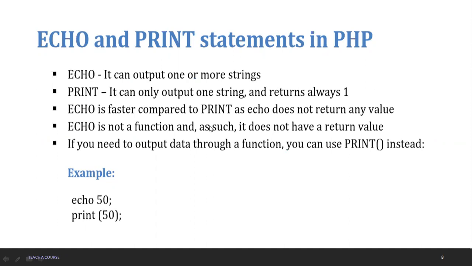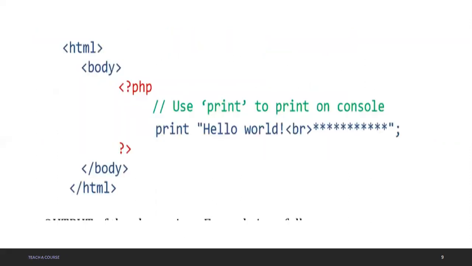Echo is always faster when compared with print, and echo does not return any value. Moreover, echo is not a function. Both are used to print strings. In this way, we can use print also in our program.